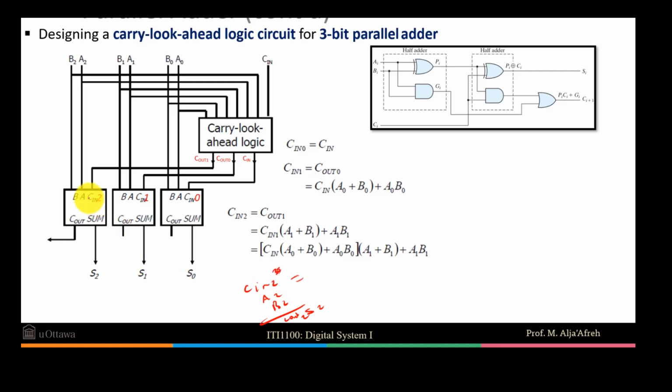We know that Cn2 is basically Cout 1, and we already calculated that equation. Similarly, instead of representing it in terms of Cn1, we can substitute the value of Cn1 directly, and that's why we get this expression.